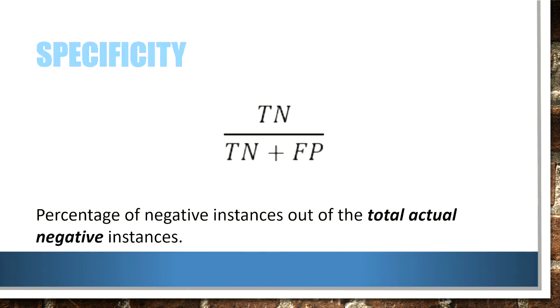Specificity is how specific your model is in the output it is generating. It's the total actual negative instances, meaning how much of it was correctly identified as not a dog. Out of all the dogs and other animals in the data set, how much of it was not a dog? How specific a result you can get with your model.